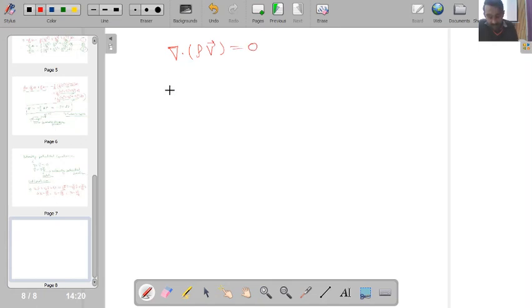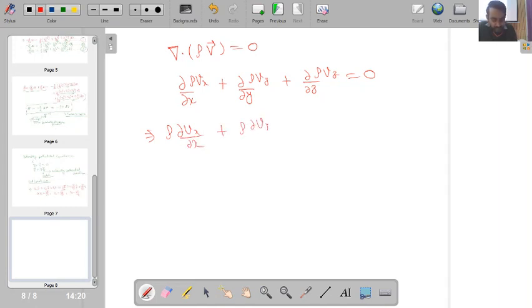In differential form, I can write it as del by del x of rho Vx plus del by del y of rho Vy plus del by del z of rho Vz equal to 0. Now this becomes rho times del Vx by del x plus rho times del Vy by del y plus rho times del Vz by del z plus Vx times del rho by del x, plus Vy times del rho by del y, plus Vz times del rho by del z, equal to 0.